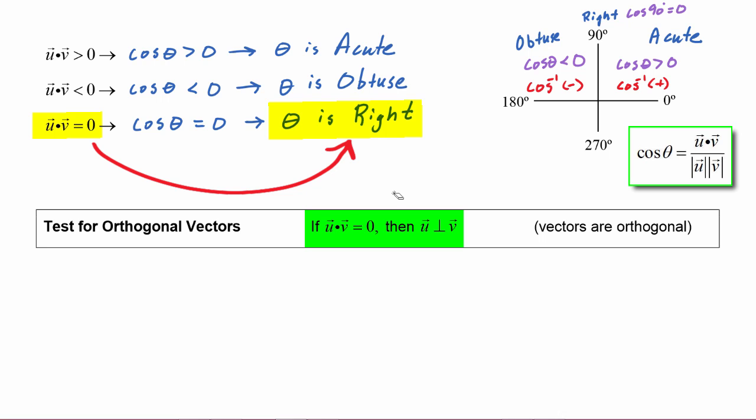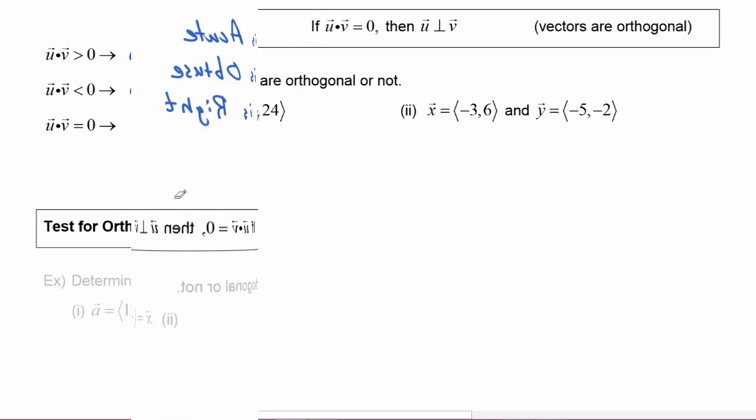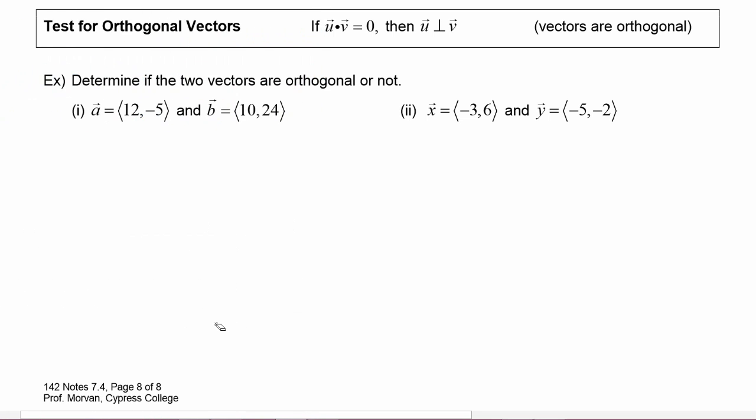So let's try using this test. In this example, we want to determine if the two vectors are orthogonal or not.